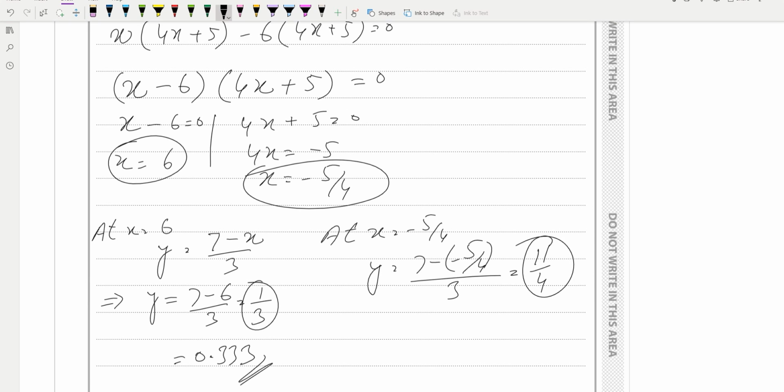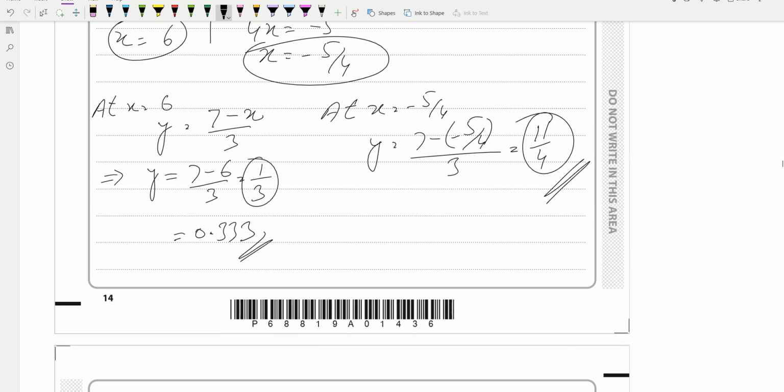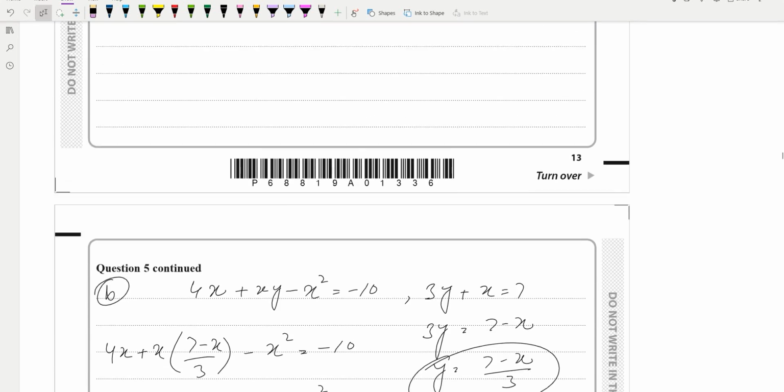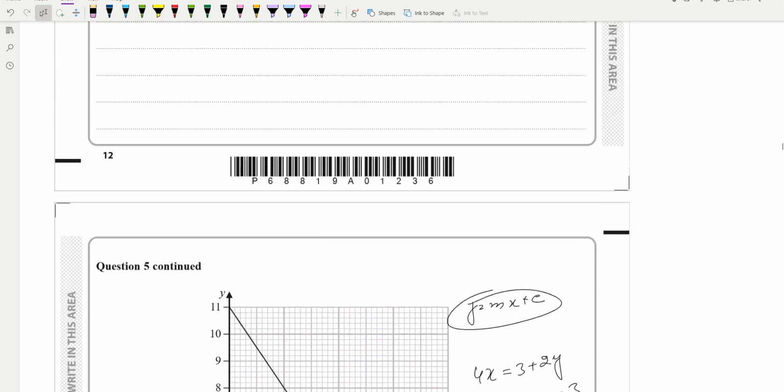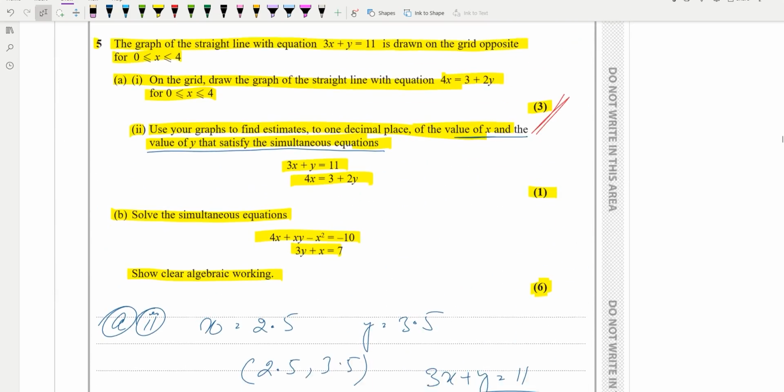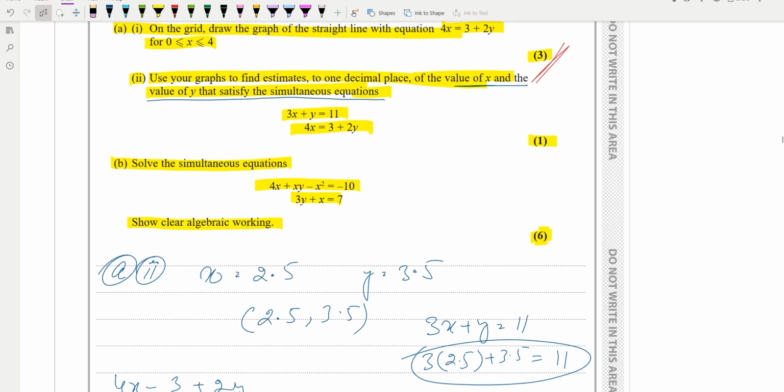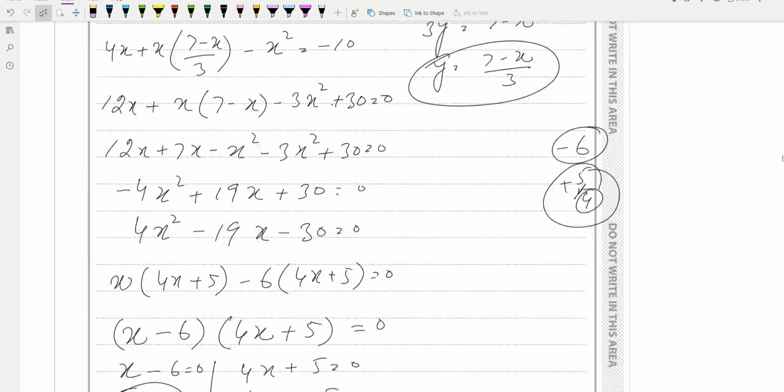This is the y value. So we got 2 x values and 2 y values also. This was a 6 marks question which we have done. Hopefully you understood this.